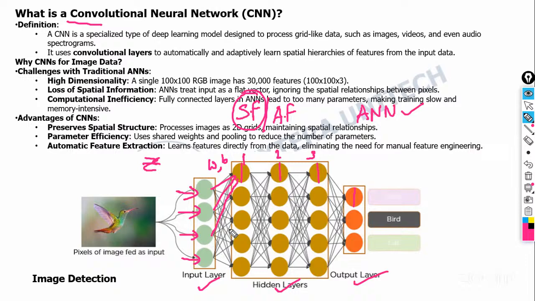So what exactly is happening is we use different activation functions like sigmoid. When do we use sigmoid? What is the formula for the sigmoid function? Come on, friends. Sigmoid function is generally used in the output layer.